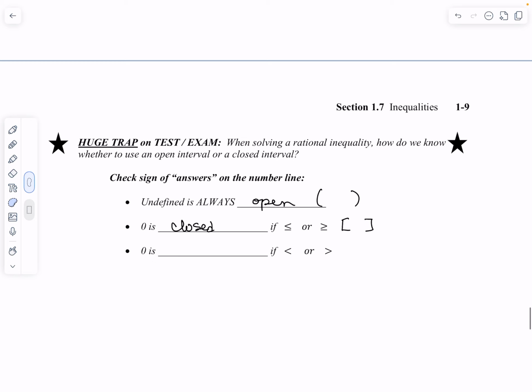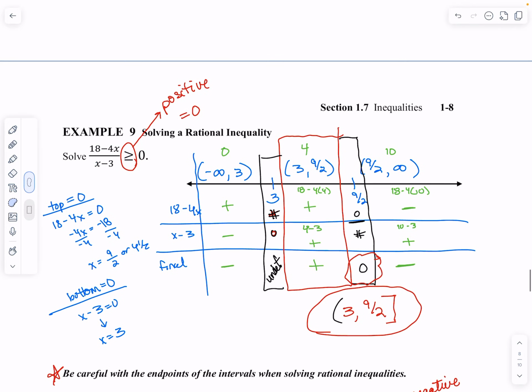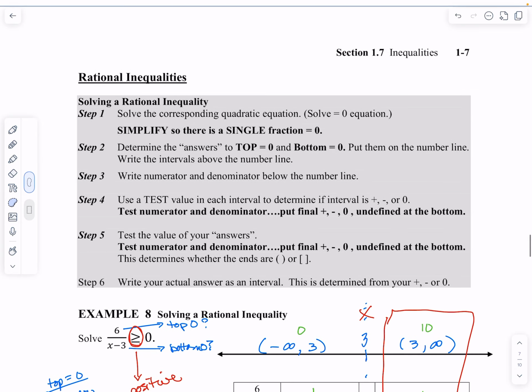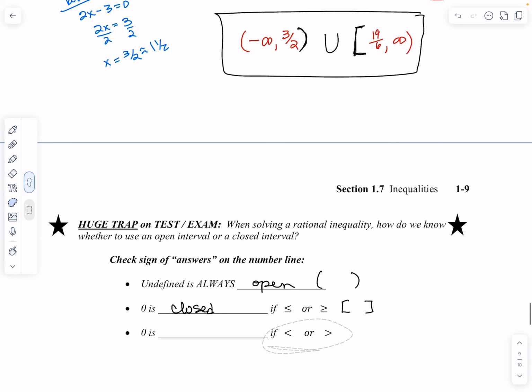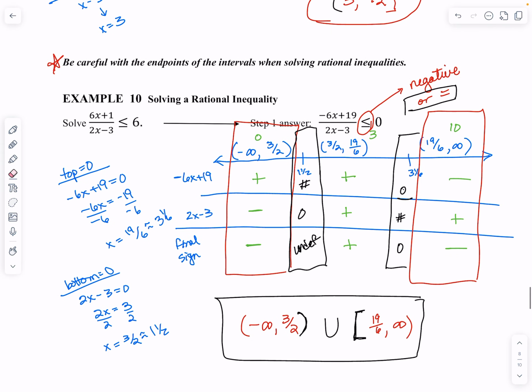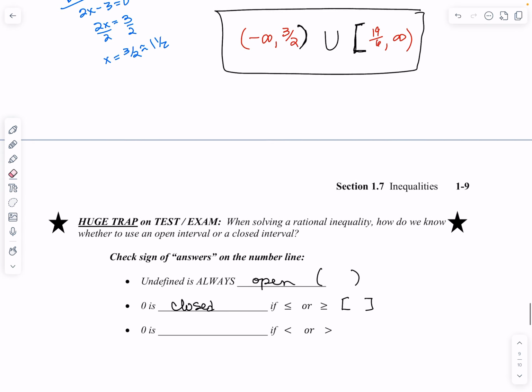But what if it's 0, but there is not an equal mark? So I think we did one of those. Did we do one of those? I don't know. Maybe we didn't. Okay. If you get a 0, so let's say that this last one we did, the example number 10, did not have an equal mark there, in other words, if it was just less than, then you are not going to have a bracket, because it's going to say just negative, not or equal to.